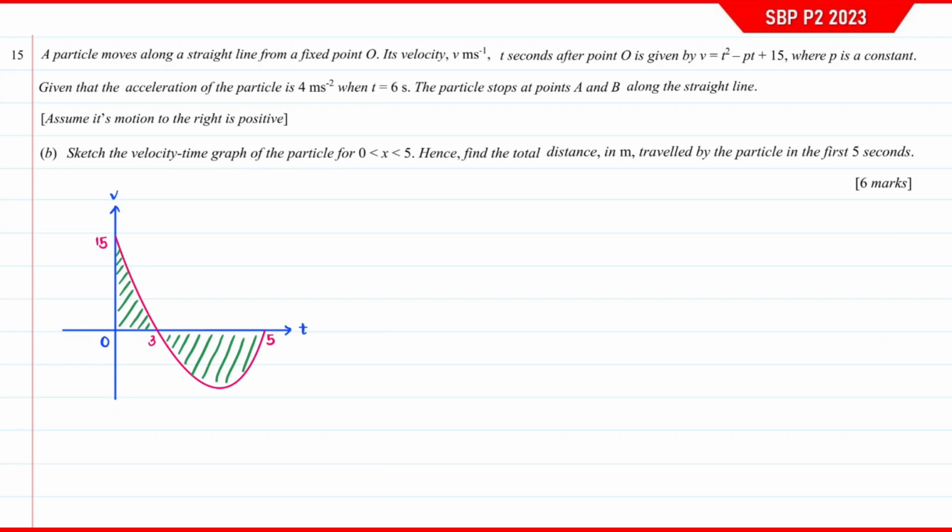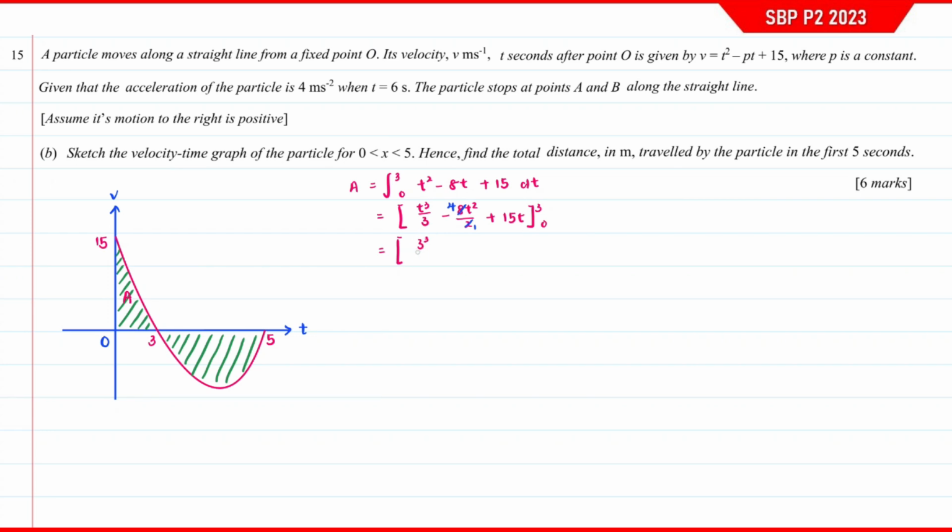For the part which is above the t-axis, we label this as part A. Then A will be the integral from 0 to 3 of t squared minus 8t plus 15 with respect to t. Next, we get t cubed over 3 minus 8t squared over 2 plus 15t. For the 8 and 2 here, we can simplify this. Next, we're going to substitute the upper limit and lower limit into the equation.